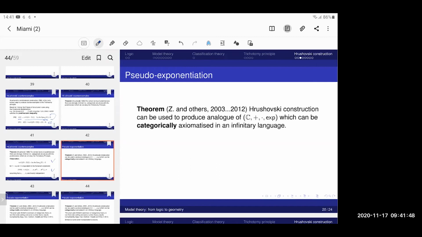The original has to be adapted, and the main adaptation is that you have to work not with the first order language, but extend into languages that allow, in some cases, infinitely long conjunctions and correspondingly disjunctions.